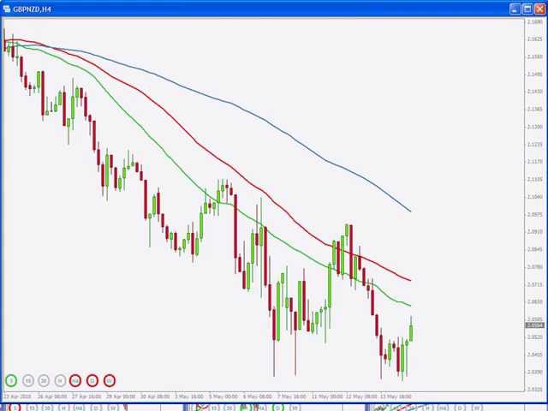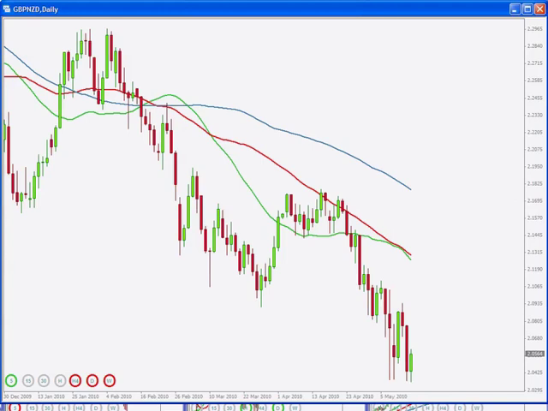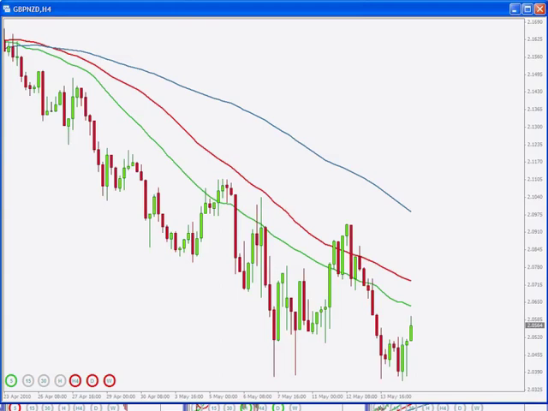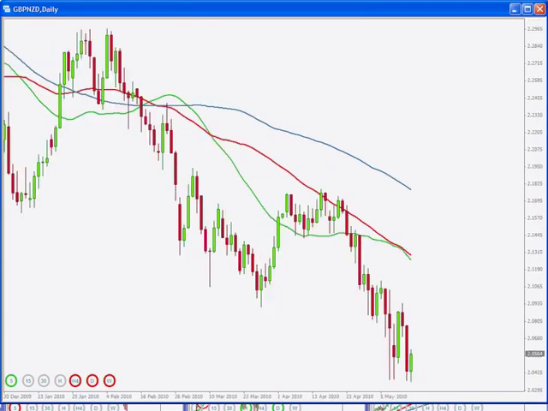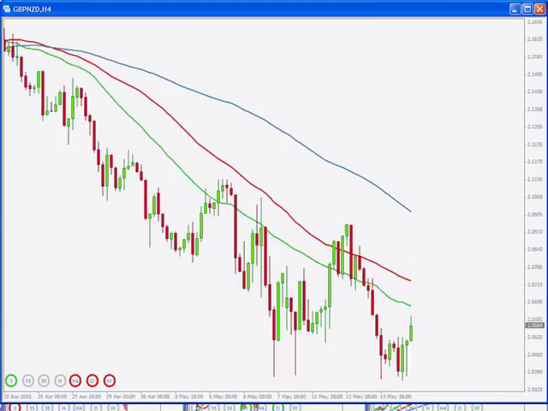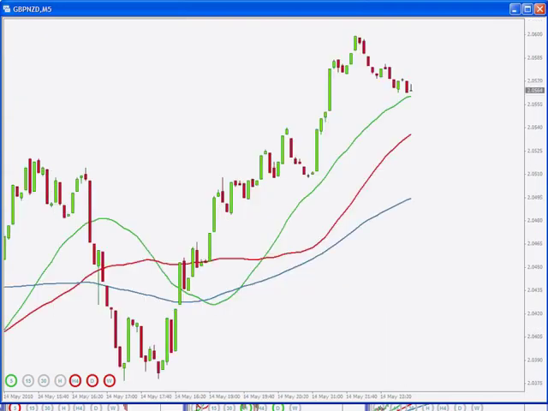So if we compare the 4 hours time frame and the daily time frame, we can clearly see from a visual point of view that this is indeed a 4 hours time frame as opposed to a daily time frame, just because the 3 simple moving averages on the 4 hours time frame just look better. So I would certainly take a note on my notepad that I want to be trading the sterling pound against the New Zealand dollar on the 4 hours time frame. And now, just for the sake of discussion, let's also look into the 5 minutes time frame. There we are.